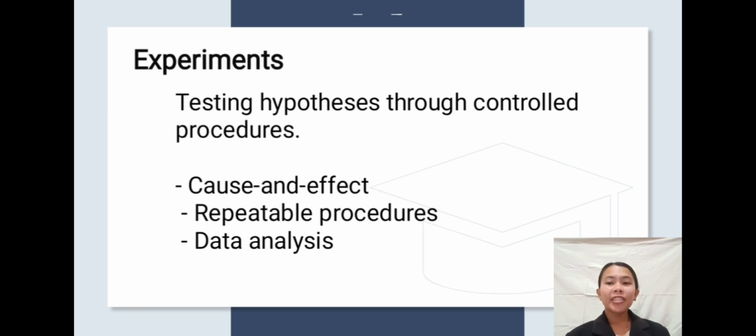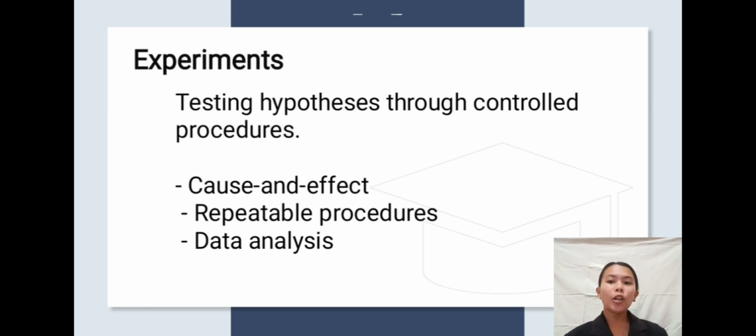Experiments: testing hypotheses through controlled procedures. Experiments are all about testing hypotheses through controlled procedures. Students learn about cause and effect relationships, the importance of repeatable procedures, and how to analyze data.